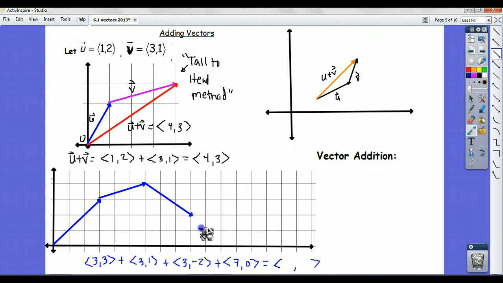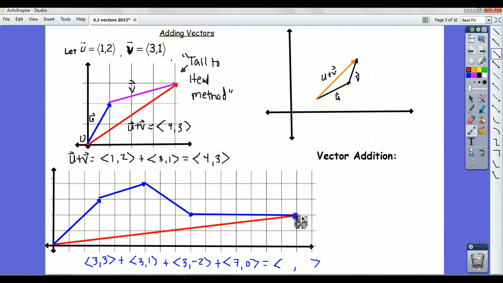Then we go 7 to the right, and 0 up or down. So 1, 2, 3, 4, 5, 6, 7. And we're done. The result of that summing amounted to taking the vector that started here and ending here.